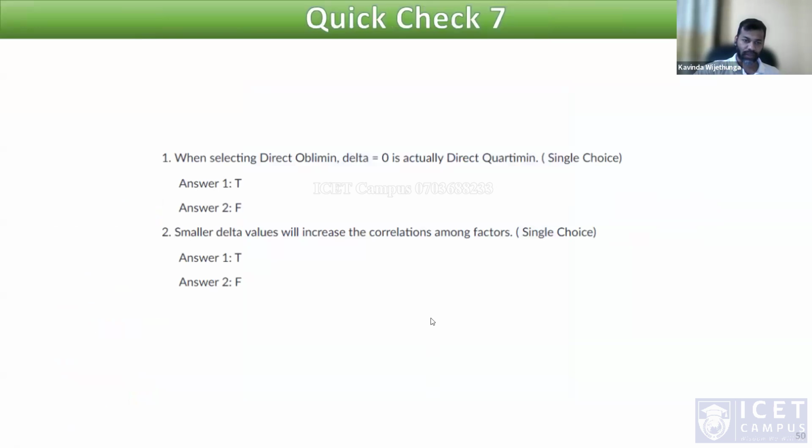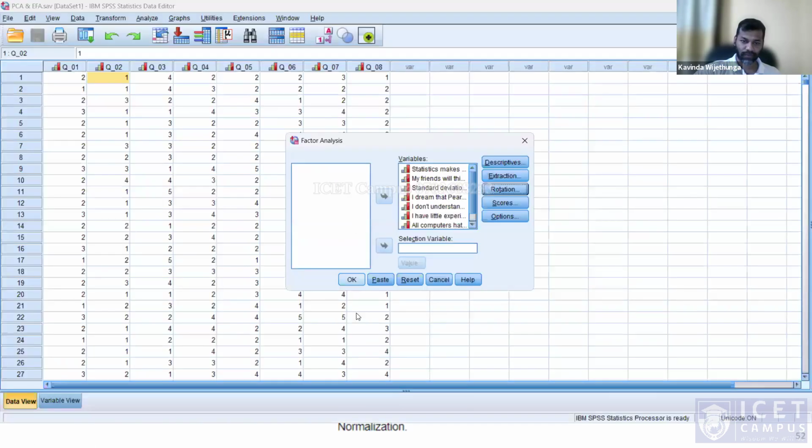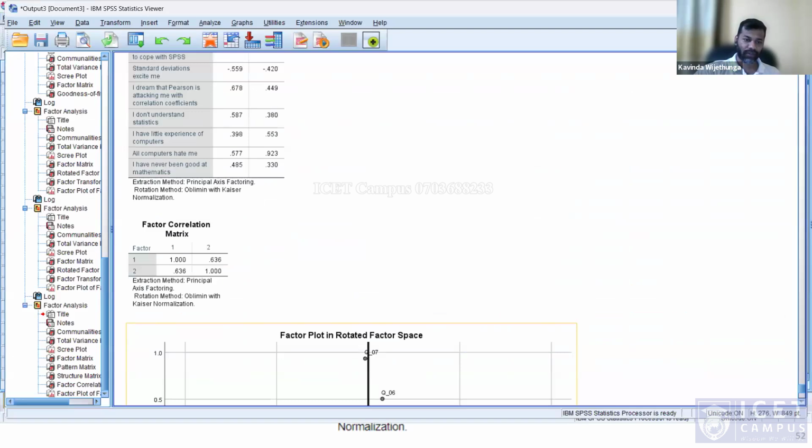Yes, we can see there. We can take the factor correlation here. The factor correlation is 0.6463, right?